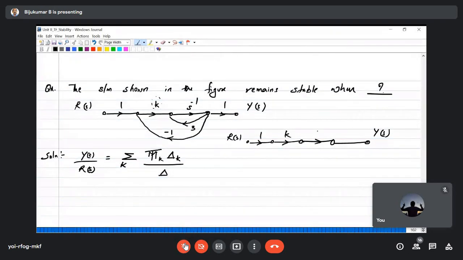Is there any other forward path? No, because all others are coming back. So in our case, K is equal to 1.